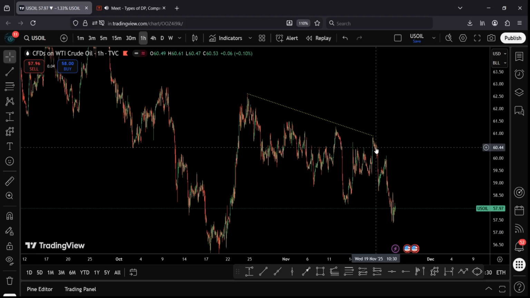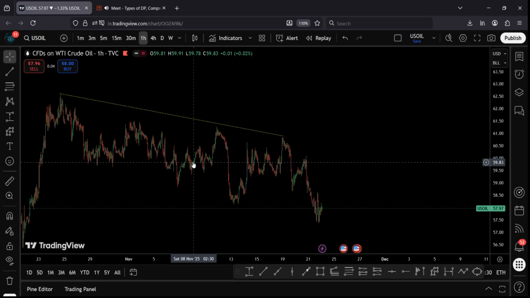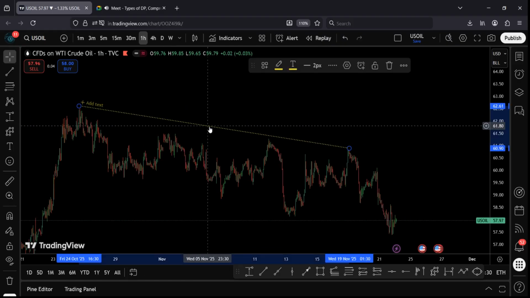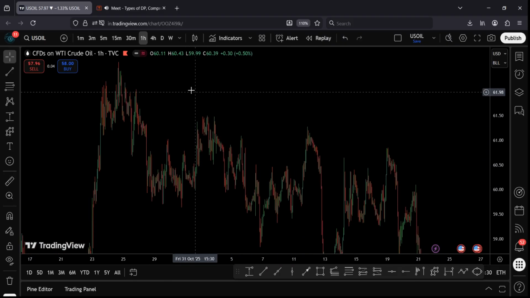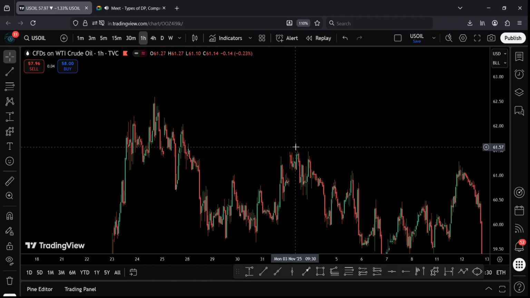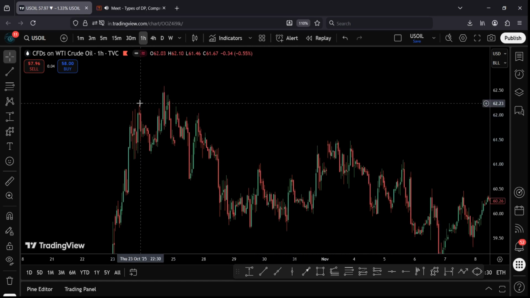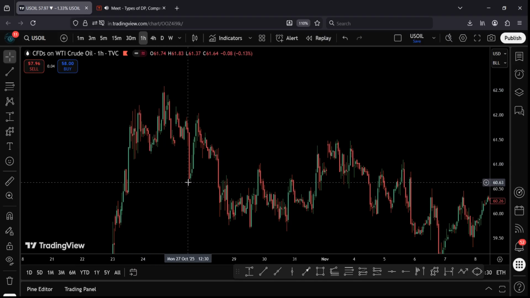This can also happen in future, but we don't know. Okay, what will happen in future, that depends on future price action. So let's see how this is happening. Okay, so what happened here? Makes high, low, higher high, lower low.